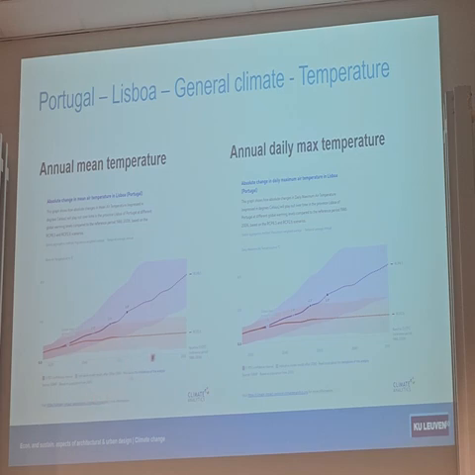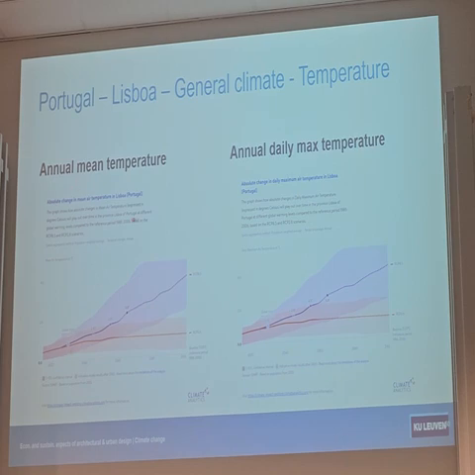It also gives a different coloring for this last period, because there are way more uncertainties related to that, and it's less certain how it will evolve. And I've compared the annual mean temperature with the annual daily max temperature.